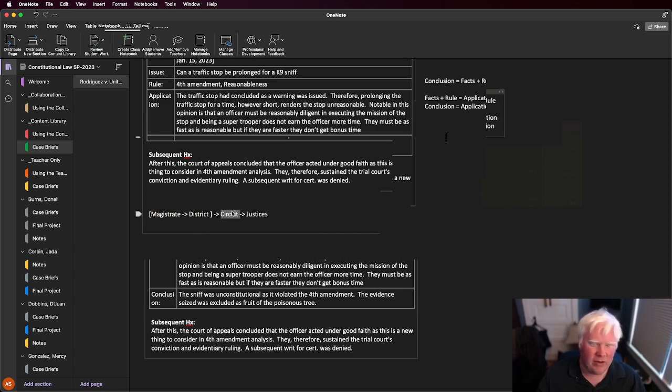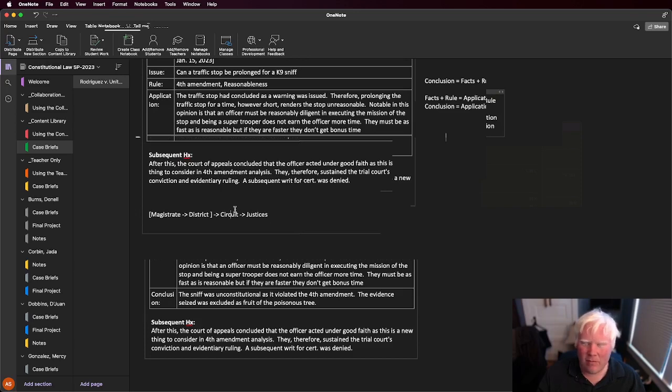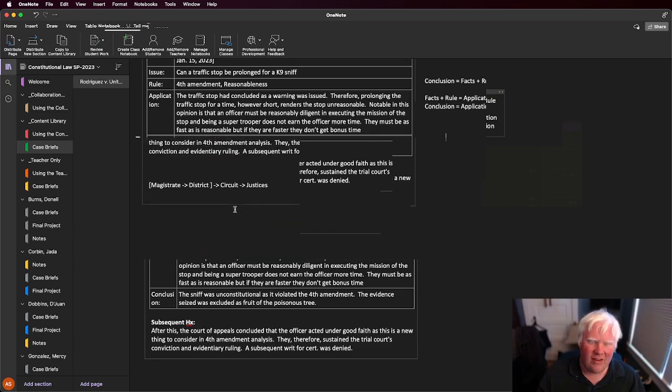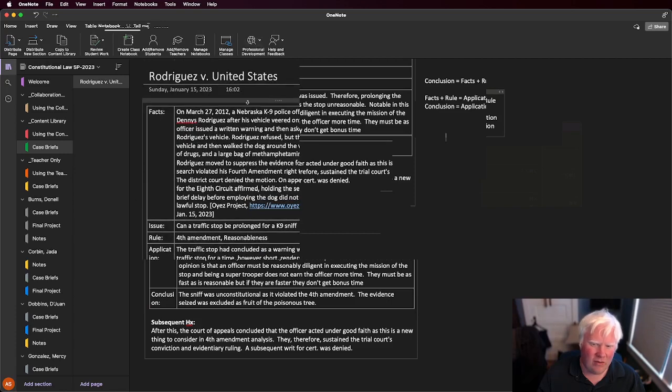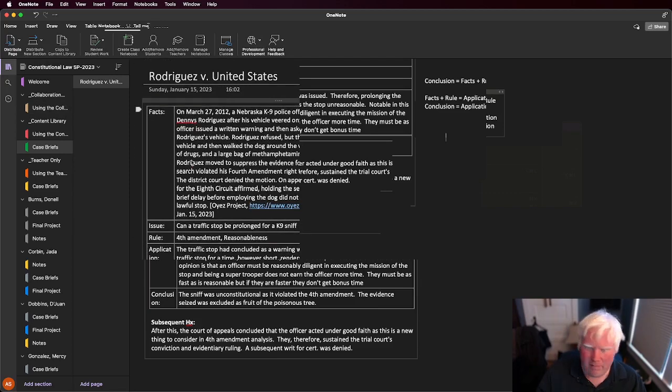If you don't agree with the circuit court, you can appeal to the Supreme Court, the justices. But that's an important thing to keep in mind. Does it matter? No. Is it important to try and keep things consistent and use words that are correct? Yeah, probably. So just a quick thing to note there.